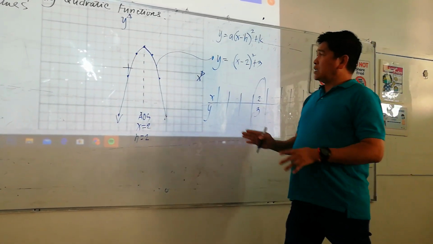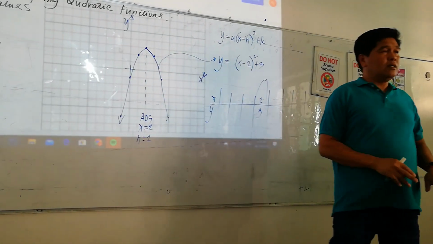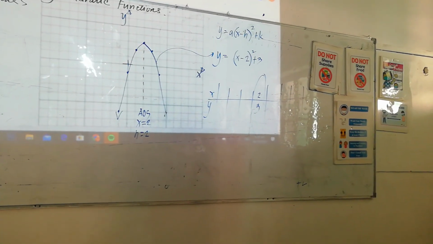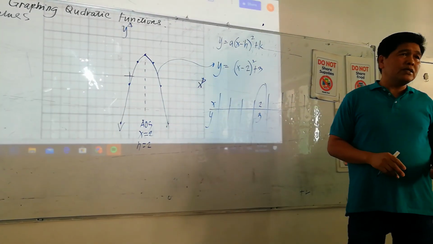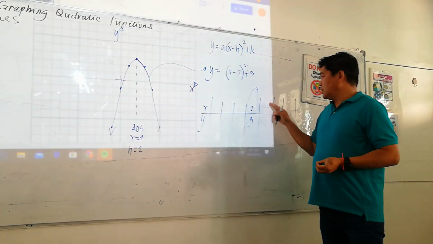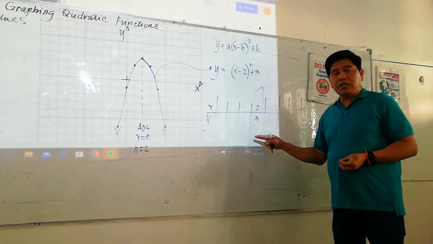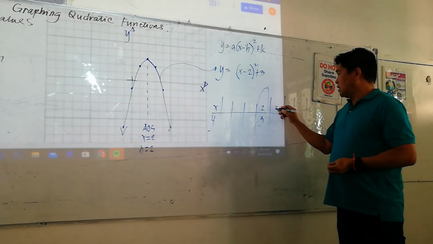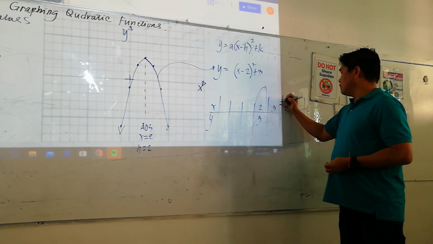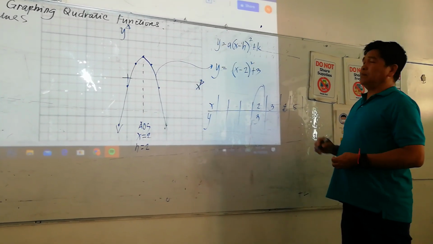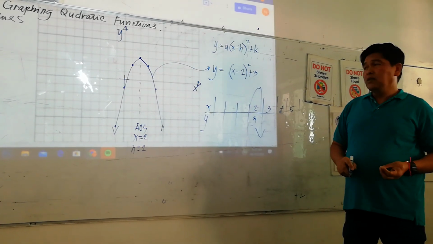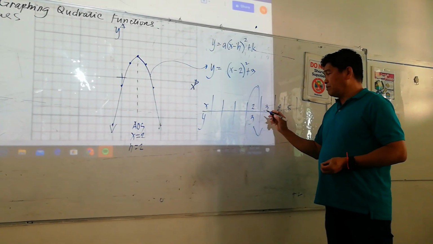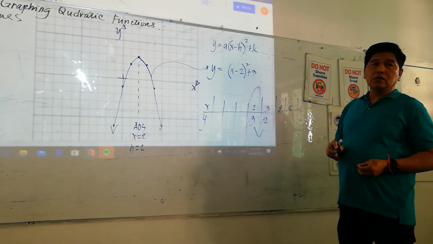Now, what is our parabola, downward or upward? Downward. Since it is downward, what are we going to do with the value here? Plus 1 for x: 3, 2, 3, 4, and then 5. Are you going to add 1 or minus 1? Minus 1. So therefore, from 3, 2.